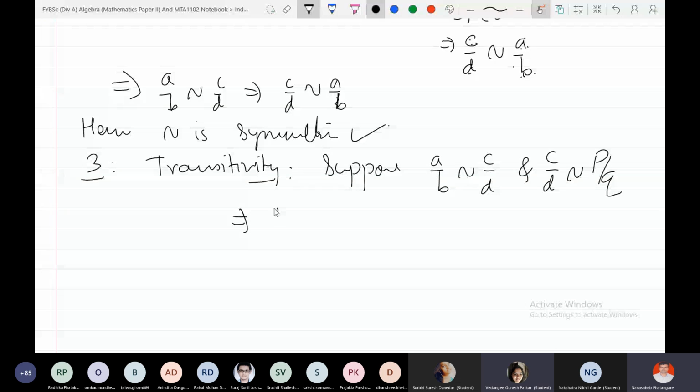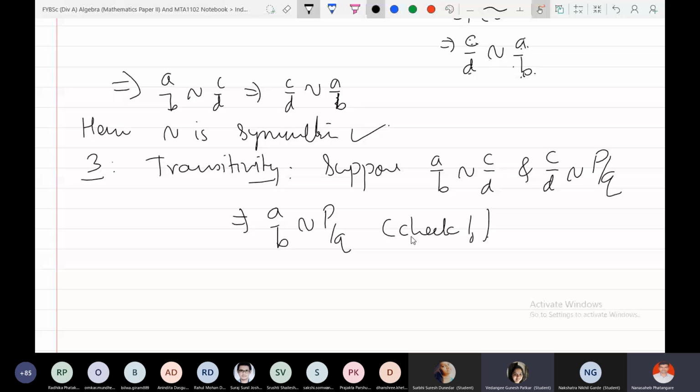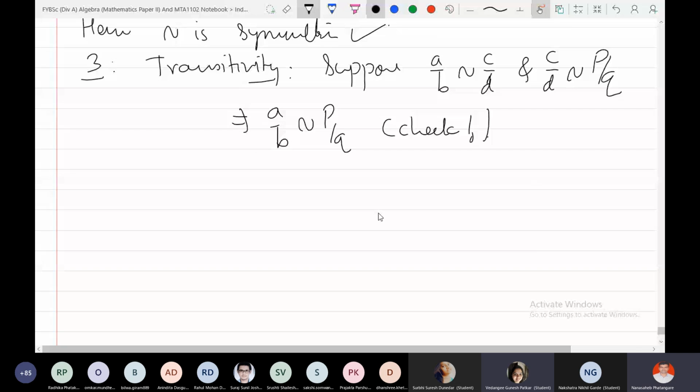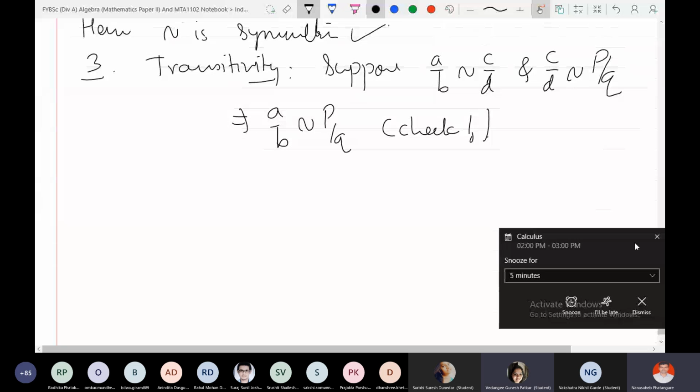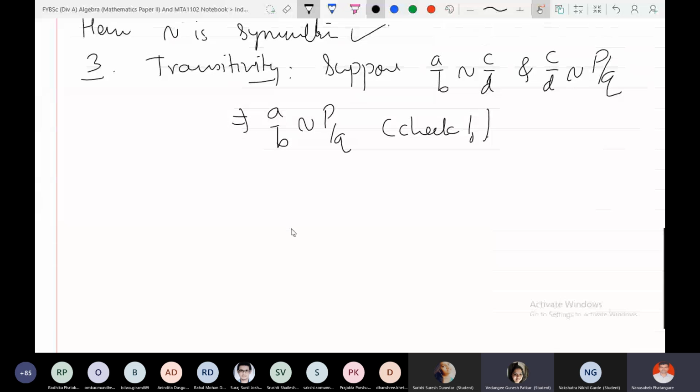So you check this, not very difficult to check. Fine. I will leave this as an exercise, but the main point is what are equivalence classes?